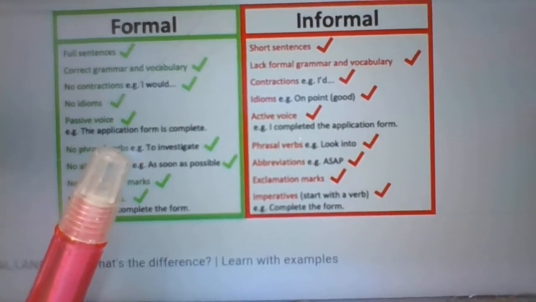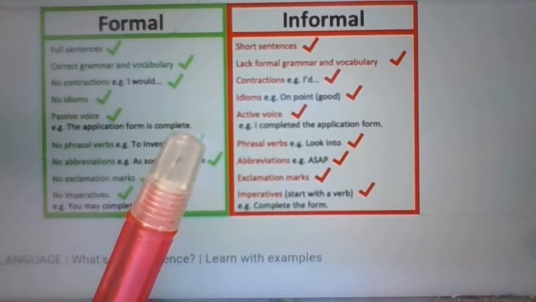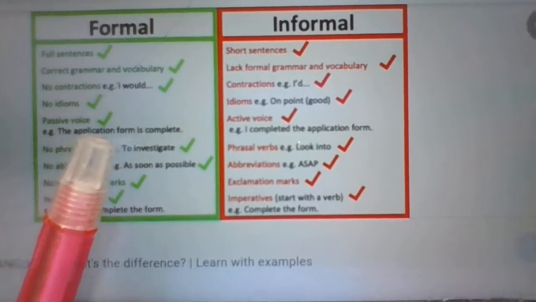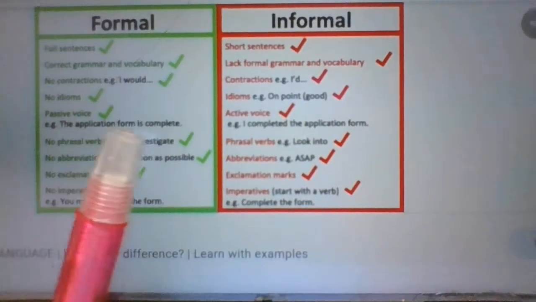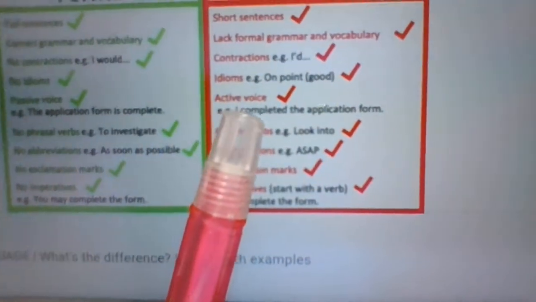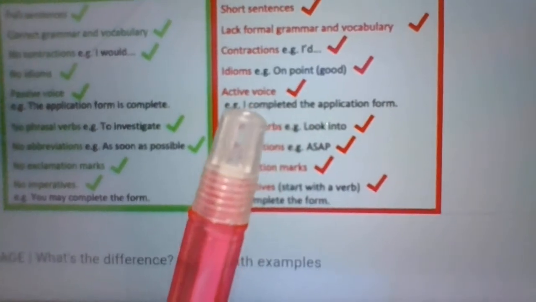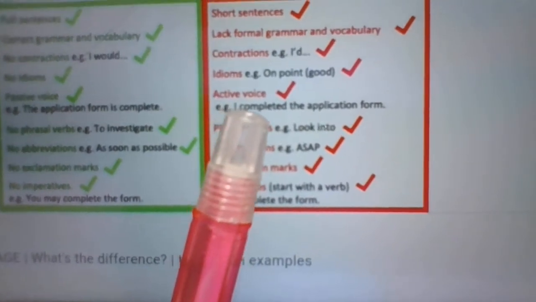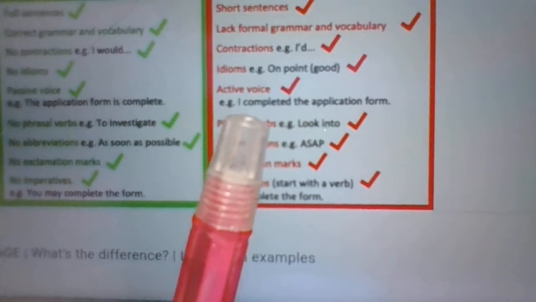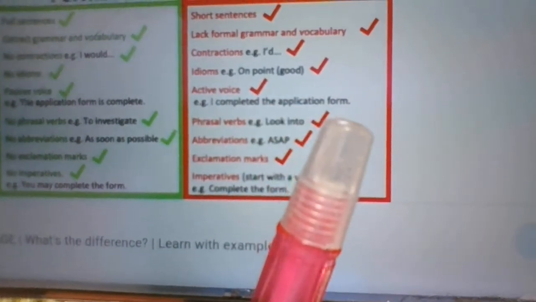The application form is complete. This is an example of formal language. But what about informal language? It uses active voice. What is active voice? Normally you say it in the first person, I. I completed the application form.